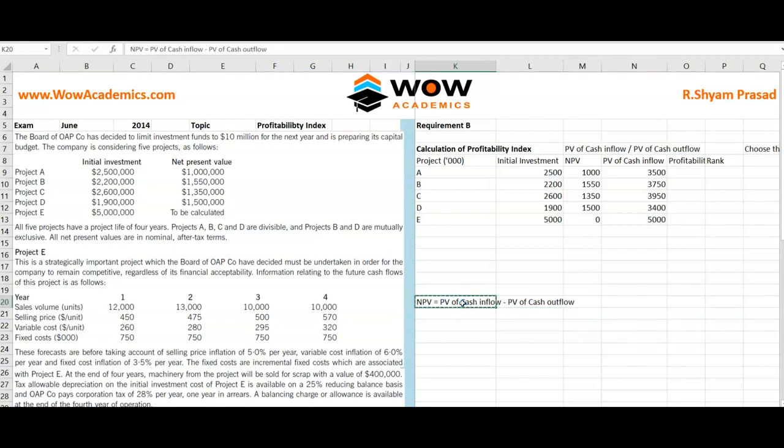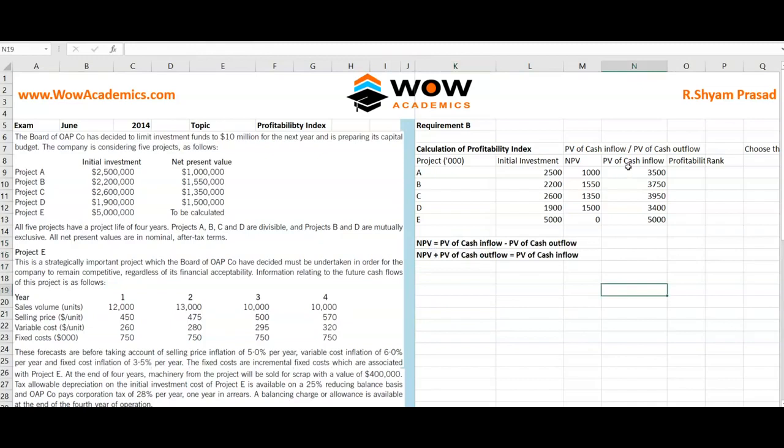So in order to know the present value of cash inflow, this outflow moves from here and gets added with the NPV and we get the answer. Okay, if you want, we'll have these numbers here so that you understand how it works. So that's how we got our present value of cash inflow.